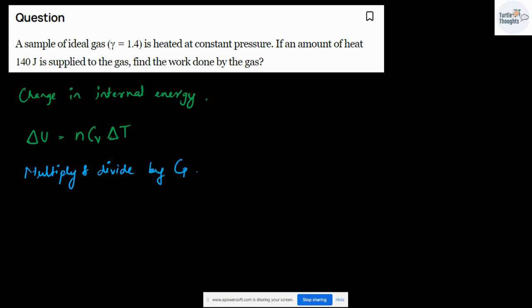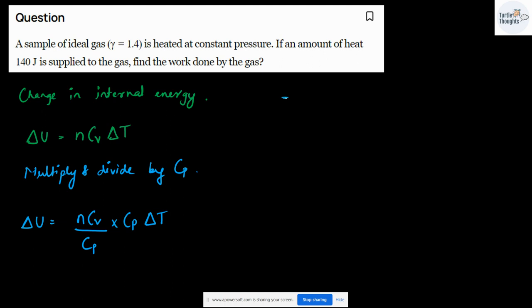When I multiply and divide by Cp, I will be getting delta U is equal to n Cv divided by Cp multiplied by Cp and delta T. I have just divided and multiplied Cp on the RHS.